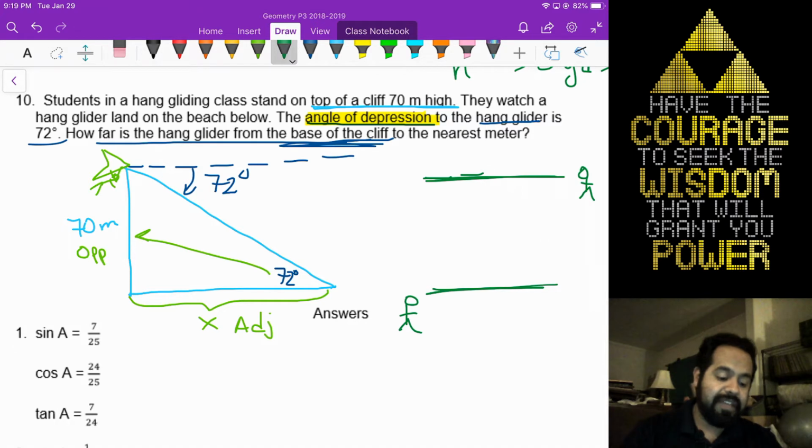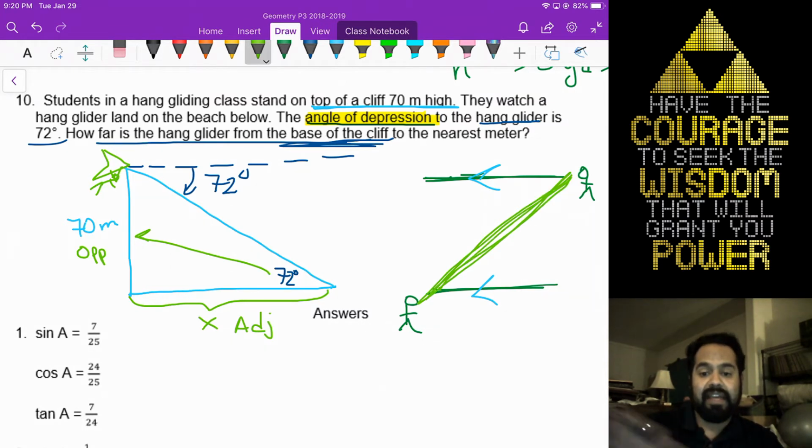And so those lines are parallel, Lauren. Since they're parallel, if I draw a line connecting those two people, this is our line of sight. They create that Z exactly. So these two angles would be congruent. That's why I know where to put my angle of depression.